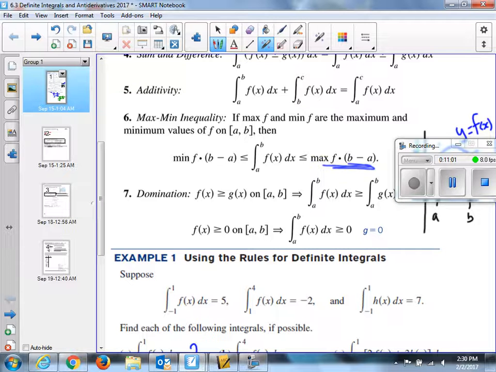The maximum of the function times the span of the domain. The minimum of the function times the span of the domain. The maximum of the function times b minus a, the span of the domain.